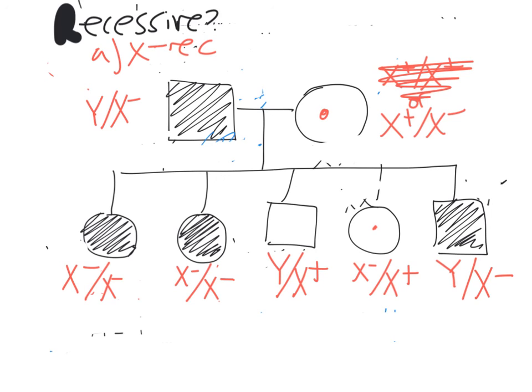So this is a particularly unuseful pedigree for me to ask a question about because it requires you to go through this process for all four of the inheritance patterns and try to figure out, does it work or does it not? What haven't we tried yet? We did autosomal. We talked X dominant.